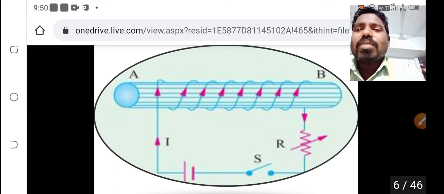H depends on the number of windings on the rod AB, the current passing in the coil, and the length of the coil. On these factors H depends.